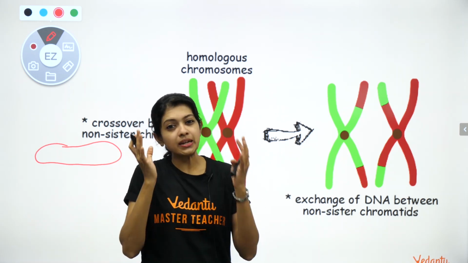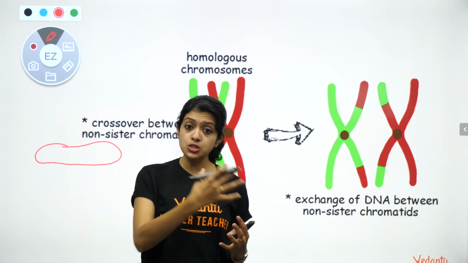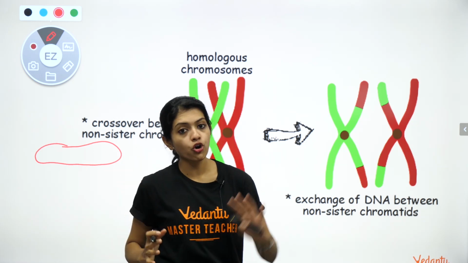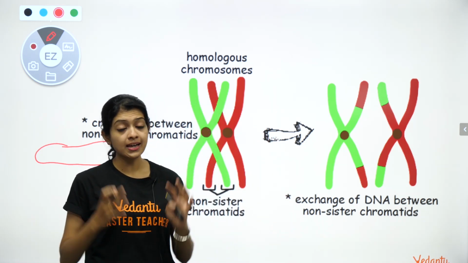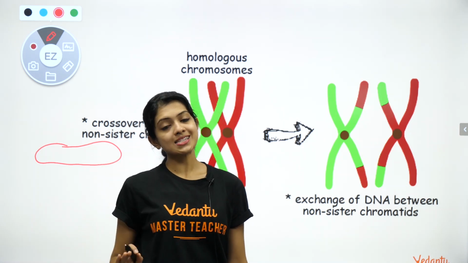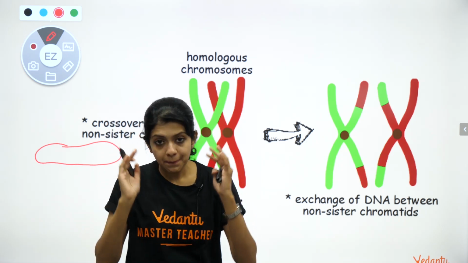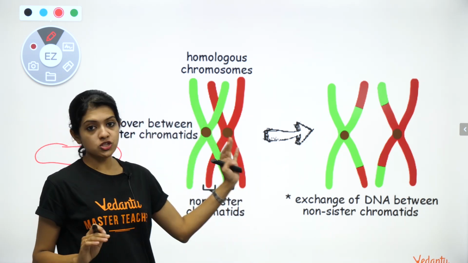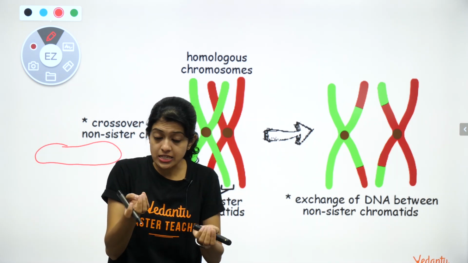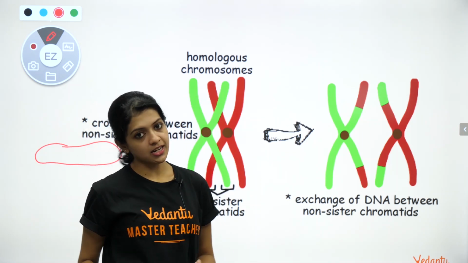Well, it may seem a little confusing now, but as we go and study a little more about chromosomes and genes, I'm sure all these concepts will make much more sense to you. For the time being, to understand meiosis, just keep in mind that homologous chromosomes are similar chromosomes that carry genes for the same characteristic feature.